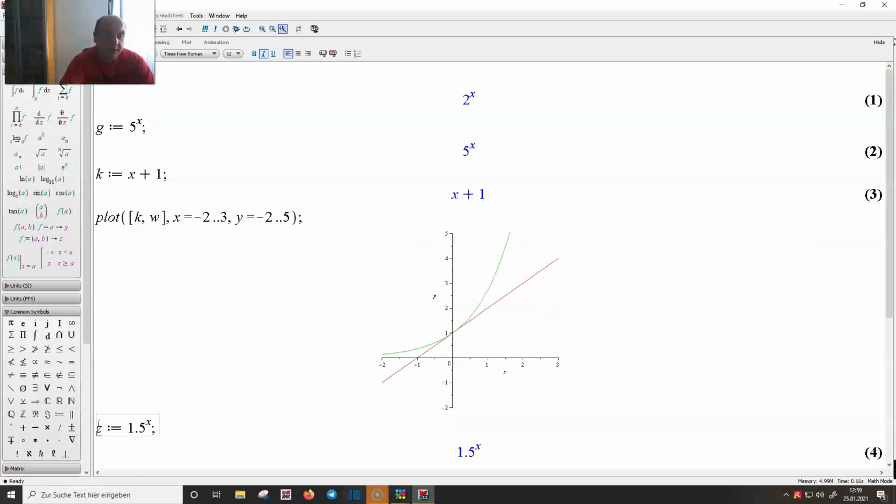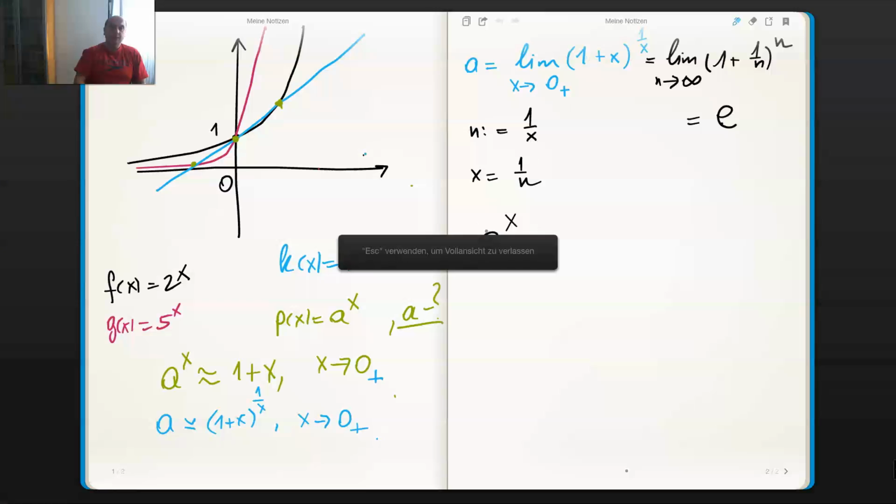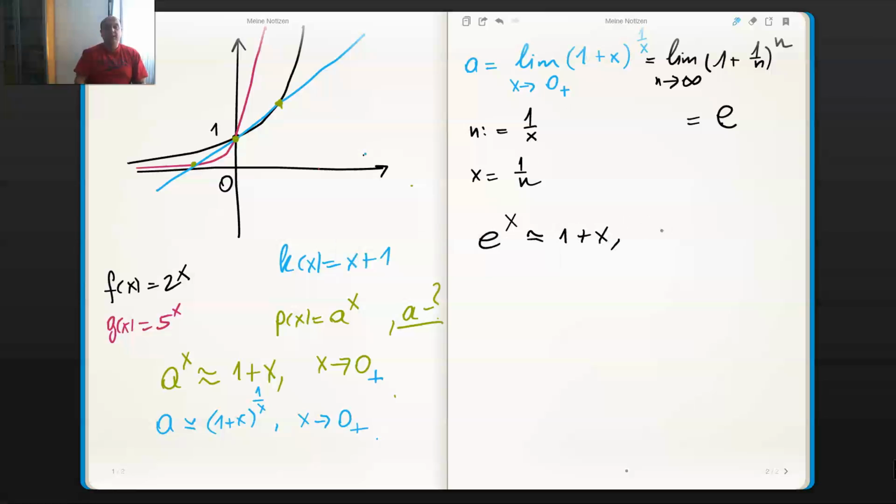So you see, I'm only touching. Really, I'm only touching. So that means that e to the power of x is behaving approximately as 1 plus x if x is very close to 0.